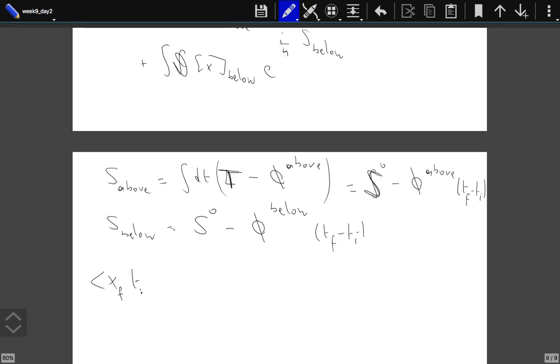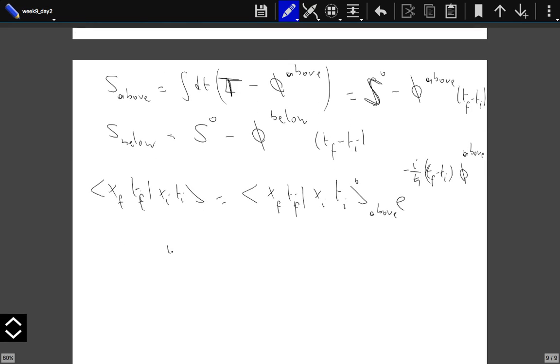So this propagator is basically the amplitude that we go from the initial position to the final position through paths that go through the above cylinder with zero potential, multiplied with e to the power minus i over h bar T final minus T initial phi above, the potential inside the above cylinder, plus the amplitude, or the propagator, or the probability amplitude that my particle goes from the initial point to the final point through the below cylinder, multiplied by e to the power minus i over h bar T final minus T initial times phi below.